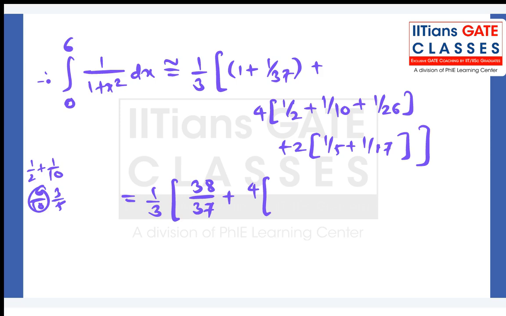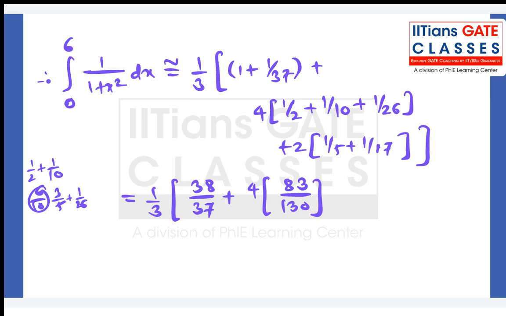Plus 1 by 26 you are supposed to do. So that will be 78 plus 5, that is 83, divided by 26 into 5, 130.